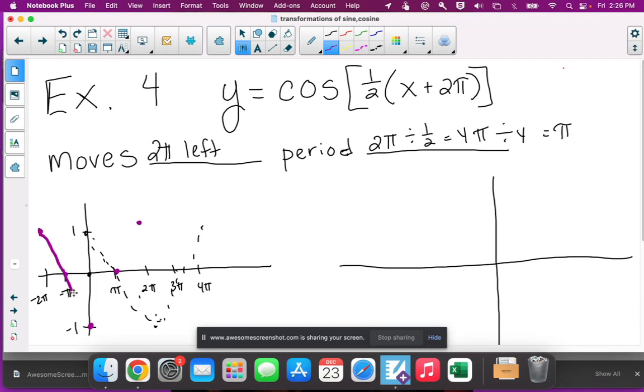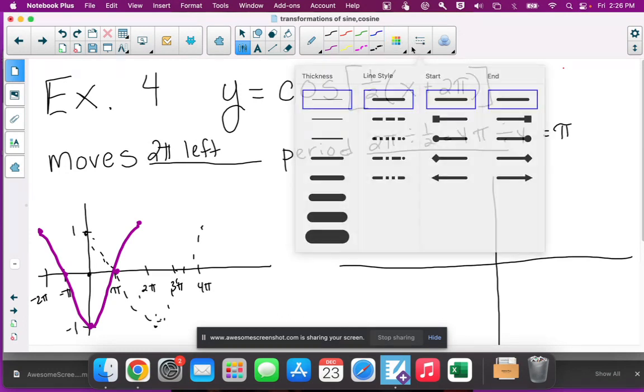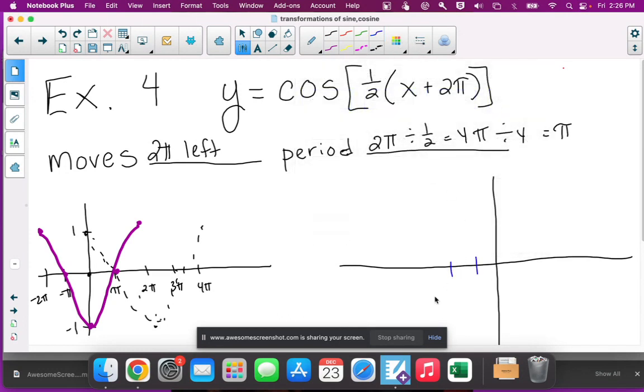All right, so that's what our function should look like. Okay, and if you graphed on the positive and negative side, again, using a period of 4 pi, you would have graphed negative 2 pi, negative pi, 0, 1 pi, and 2 pi, you would have graphed it like this.